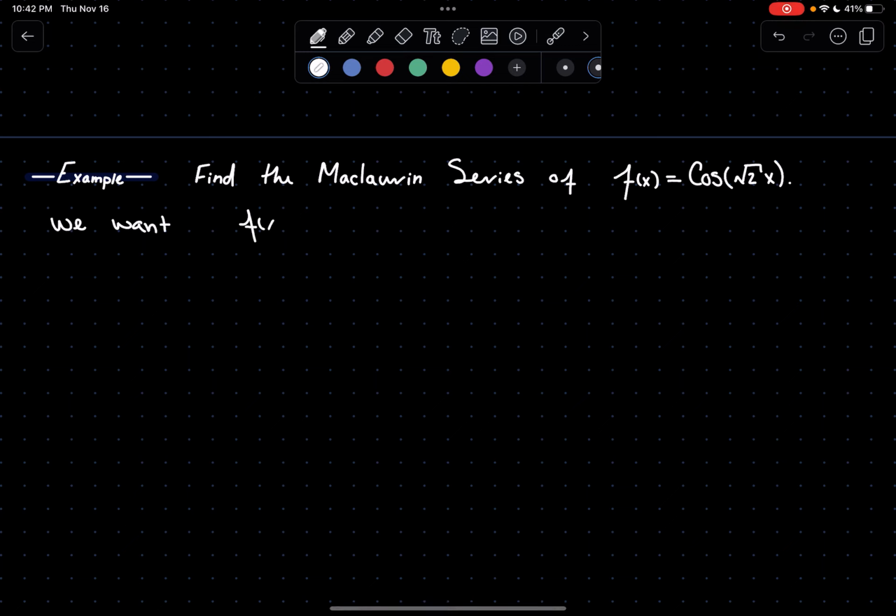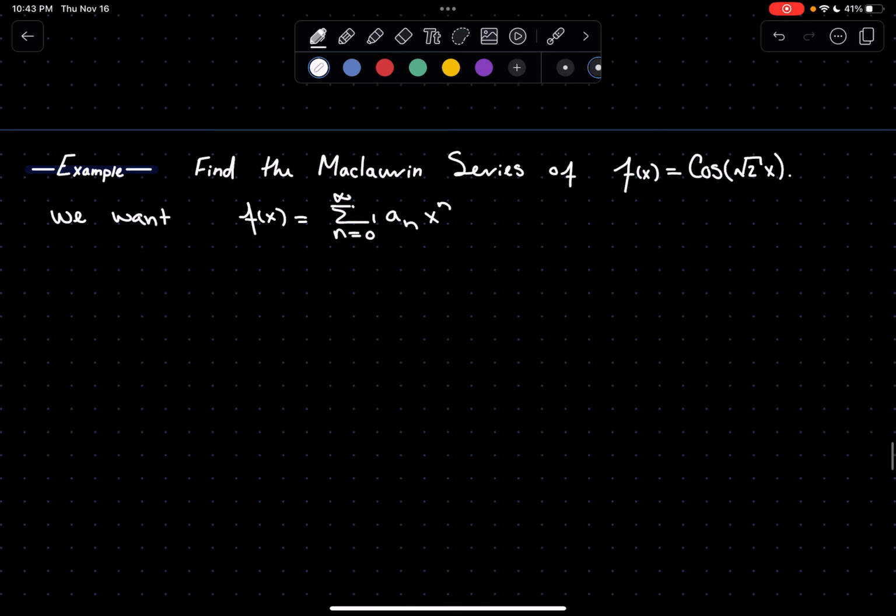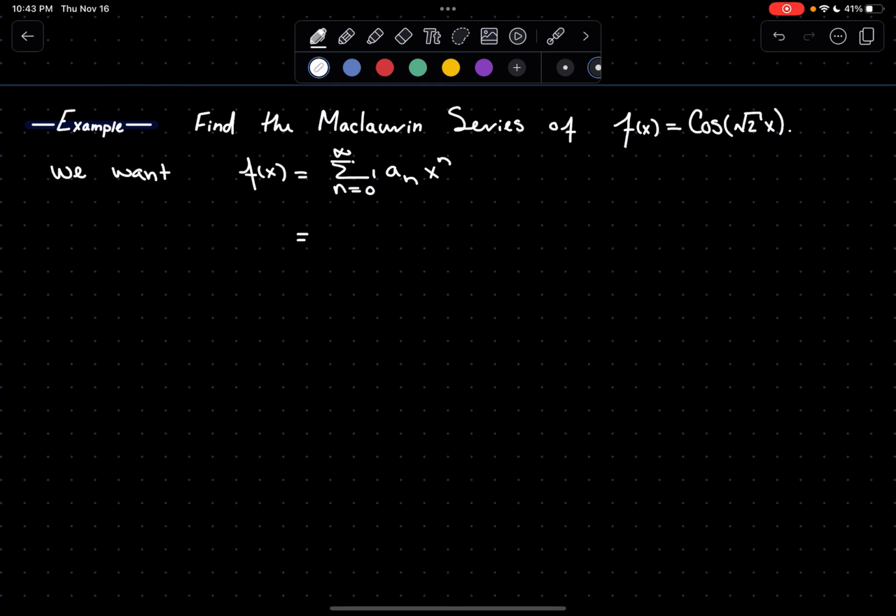f of x equal to the sum from n equals 0 to infinity of a sub n x to the n, right? It's a power series, and specifically we know our Maclaurin series is going to be of the form n equals 0 to infinity of the nth derivative valued at 0 over n factorial times x to the n, right?